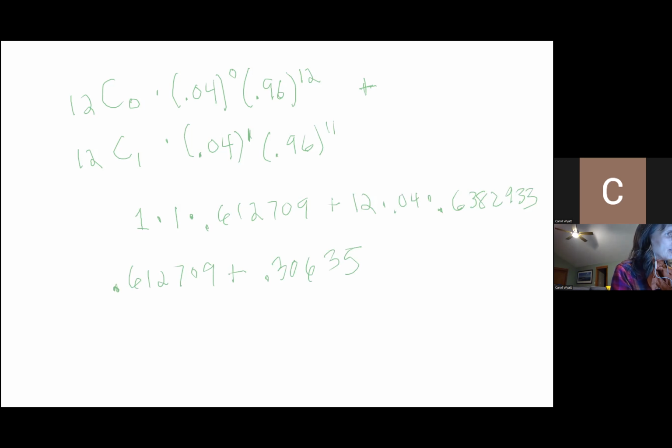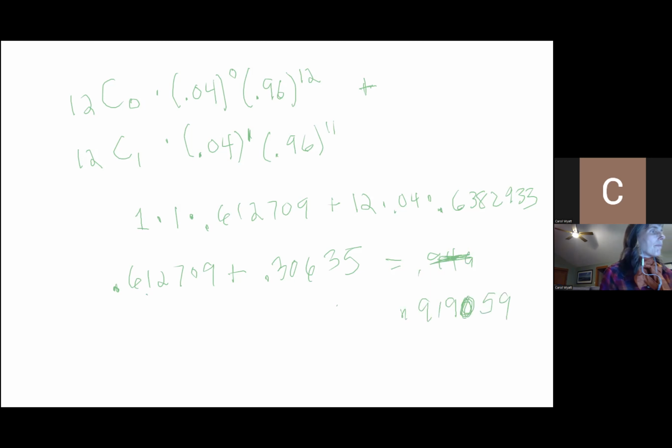And it did not come out with what we should have. This gave me 0.94. Oh, because I added the wrong two numbers in my calculator. Let's try that again. 0.612709 plus 0.30635 equals, there we go, 0.91905.